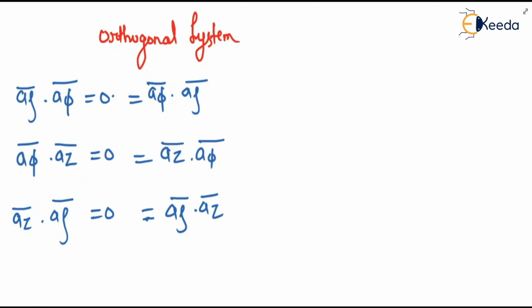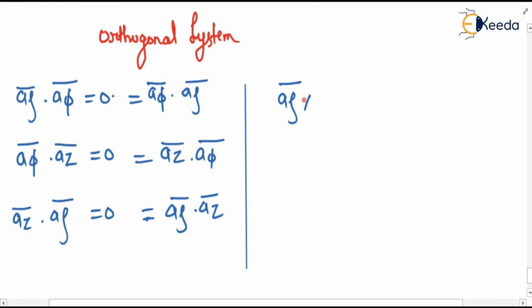Also, we can define the right hand rule. What is the right hand rule? A rho cross a phi is a z.